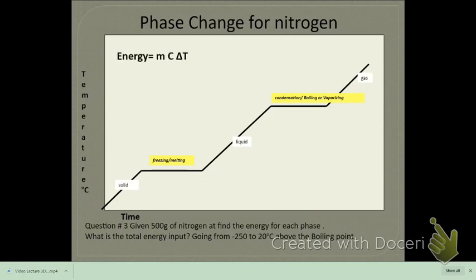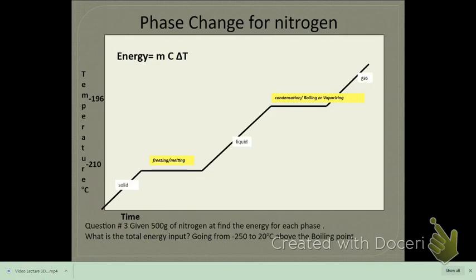According to my data, oh, and here's, of course, the formula I'll be using. According to my data, the melting point for nitrogen is a negative 210 degrees Celsius. The boiling point for nitrogen is a negative 196 degrees Celsius.